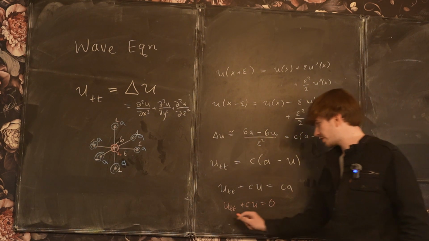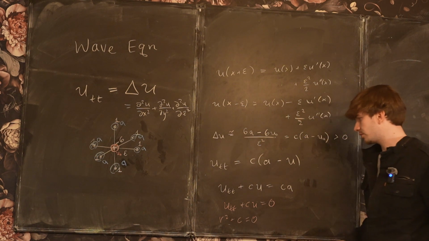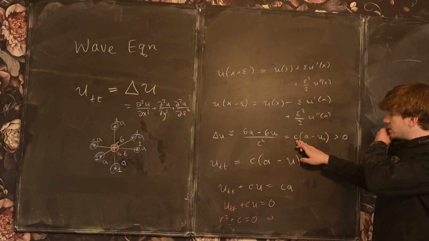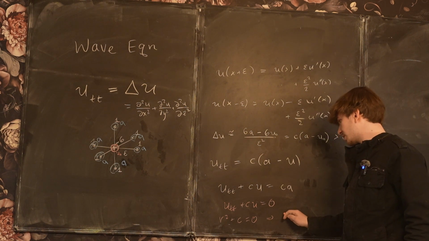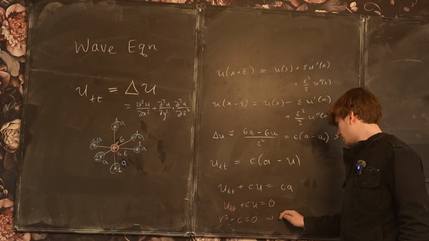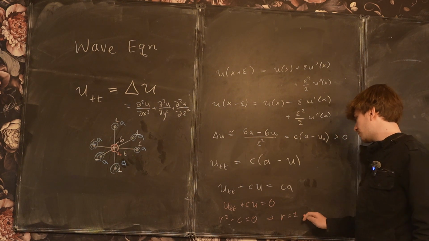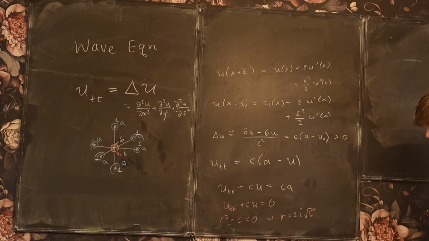This has characteristic equation r² + c = 0, which tells us that, assuming c is positive, which it is, this is going to give us solutions r = ±i√c, if I'm not mistaken.